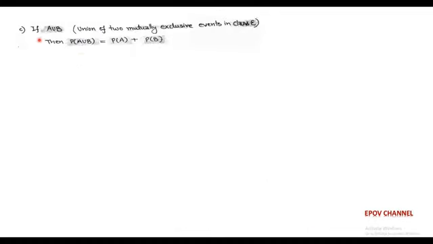Next, we take an example of tossing a coin, including head A and tail B as outcomes, and both are mutually exclusive events. In this experiment, the event of class E is A union B. That is, the probability of A union B is equal to probability of A plus probability of B. Here, probability of A means the probability of event head A and probability of B means the probability of event tail B. This can be understood in terms of the total n number of trials.